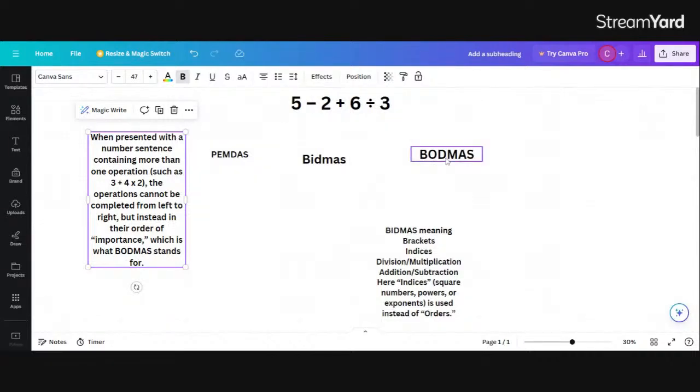The second part of the rule says that when we are confronted with a problem that has both division and multiplication, we start our calculation from left to right, because both of them are of equal importance.